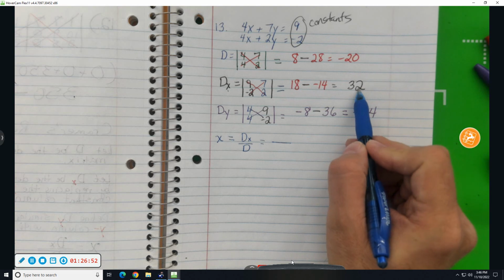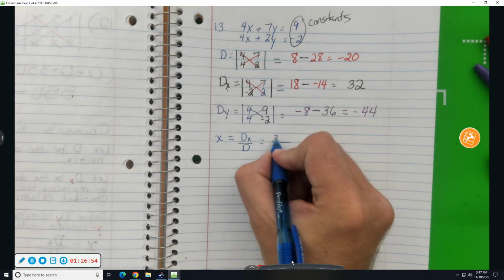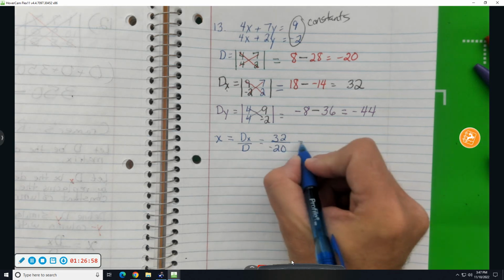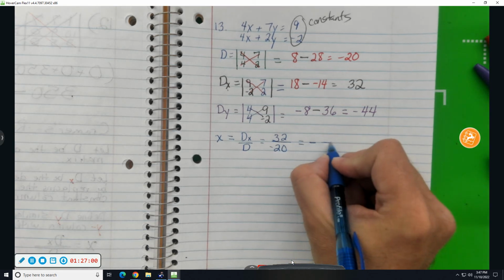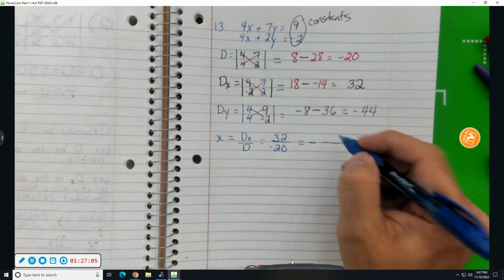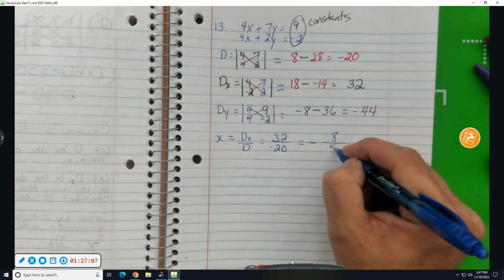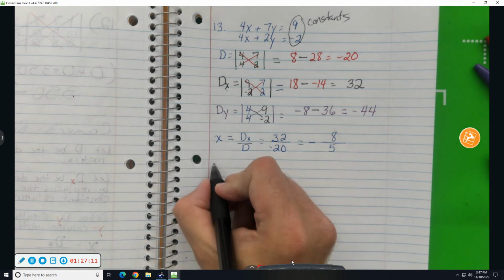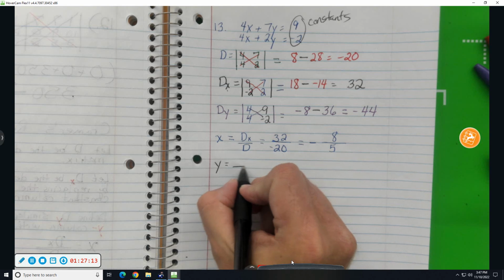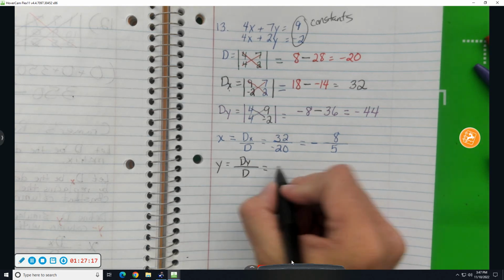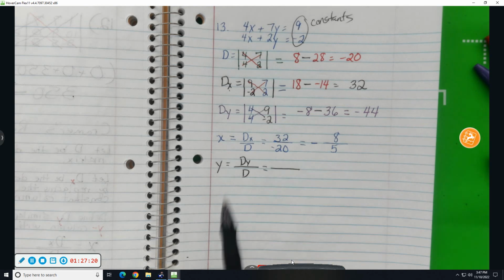Here it's dx, 32 over a negative 20. We'll reduce that as a negative. Cancel a 4 above and below. Negative 8/5. So there's our x value. Actually, this is a very good example of Cramer's rule. It actually is easier than if you did it with elimination or substitution.